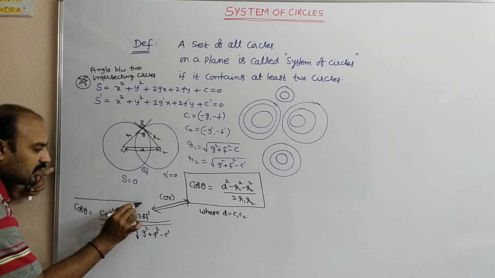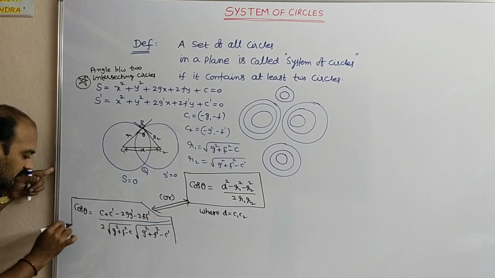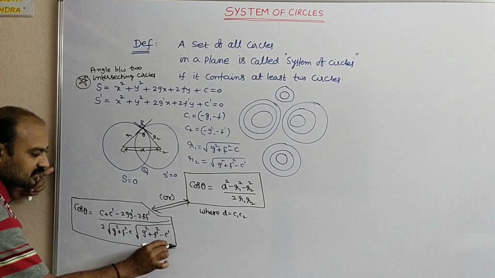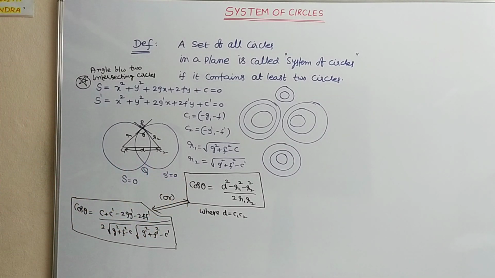This is also another formula to calculate the angle between two intersecting circles. Either this formula or the other formula.